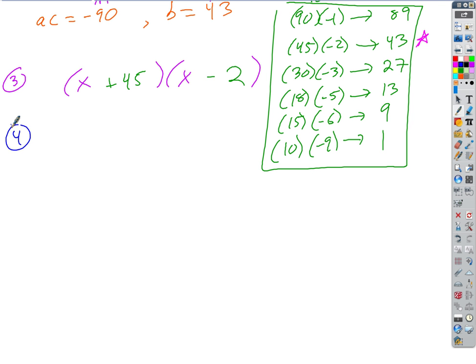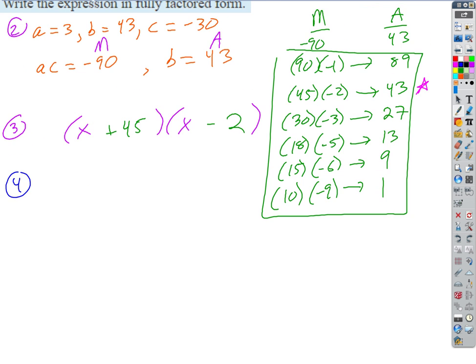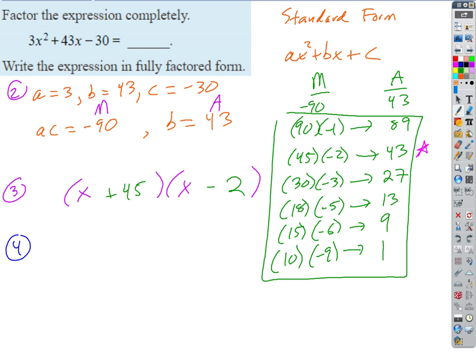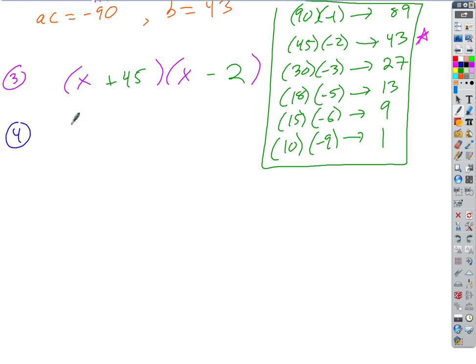Divide by 3 in the case of the example on the sheet, but just in general, we're going to divide by A, the leading coefficient of our quadratic expression. We divide each of the magic numbers by that. So we'd end up with x plus 45 over 3 and x minus 2 over 3.